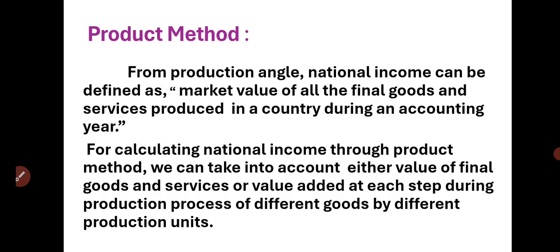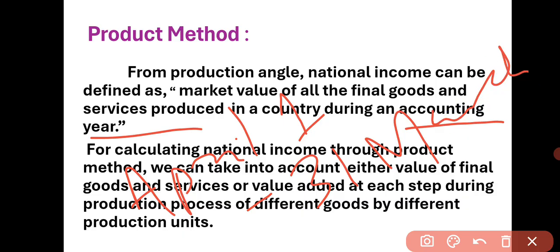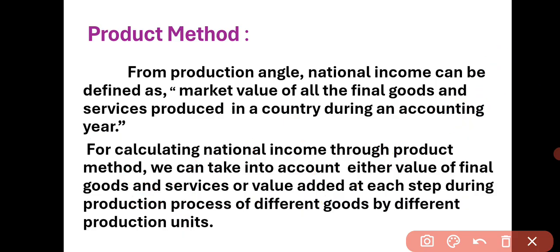We know that the accounting year is April 1st to March 31st. So during this accounting year, how much of final goods and services are produced, and what is their market value? If we go on calculating the market value of all the final goods and services produced in an economy during an accounting year, then that will give rise to national income.